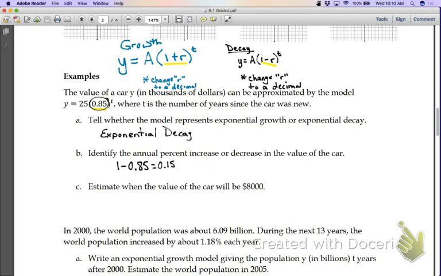So that would be my R value, whenever I plug it in. But what is this as a percent? How do I change a decimal into a percent? I lose 15% of value on my car every year.